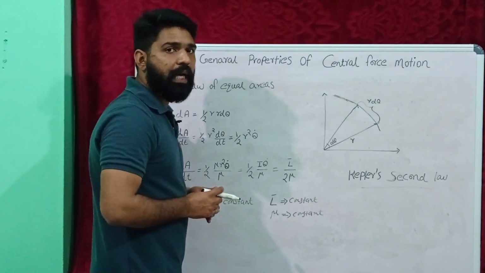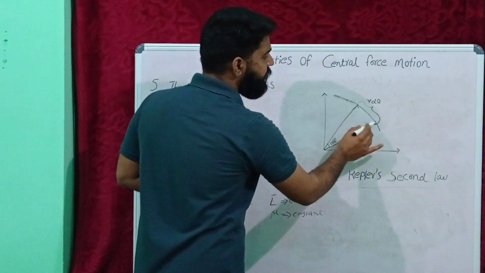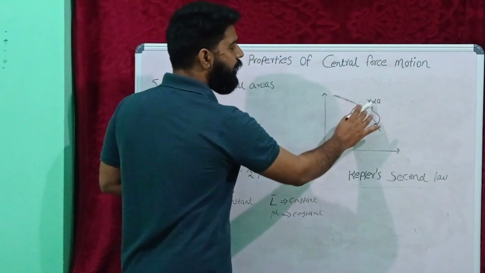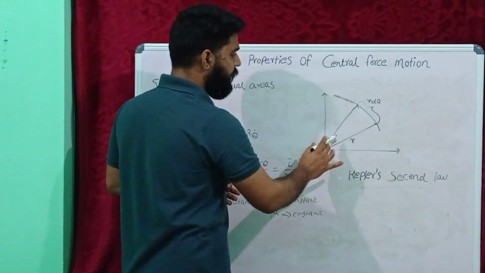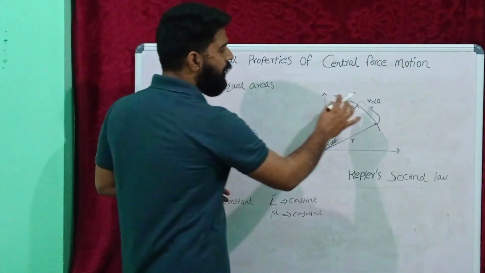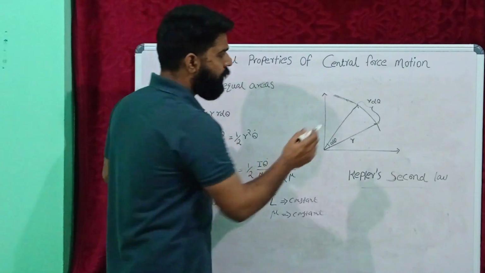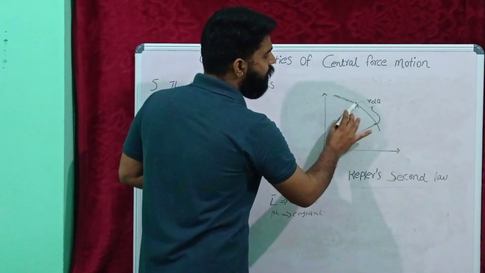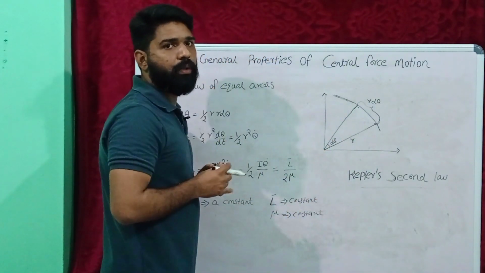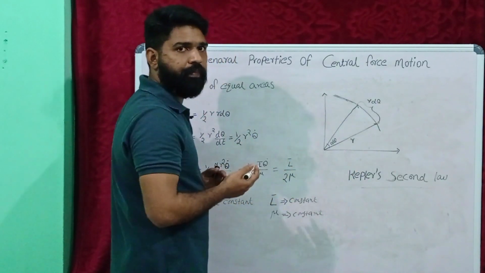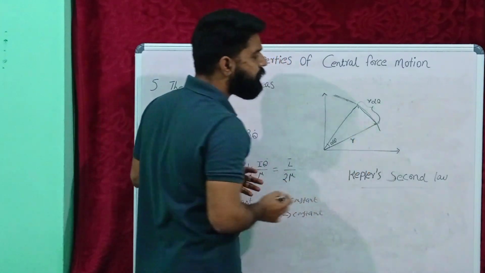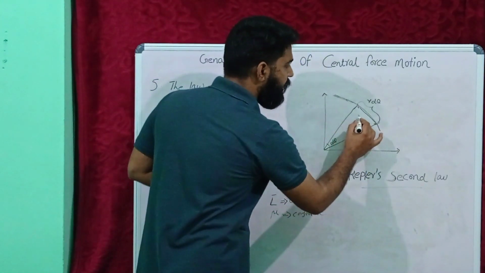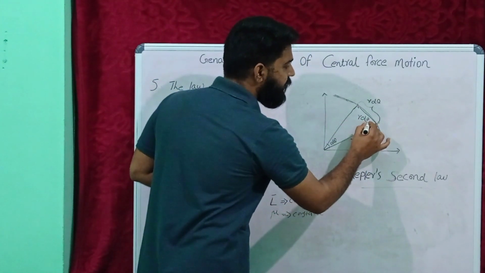Then we can calculate the length of this part, which is equal to r d theta, position vector or radius times angle. This is a small portion of the circle, so this distance is also equal to r d theta.